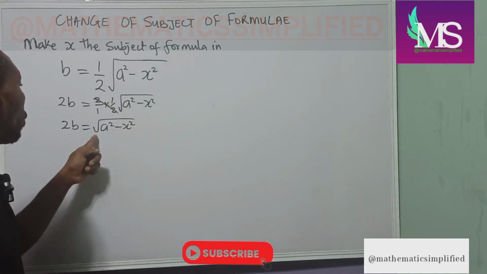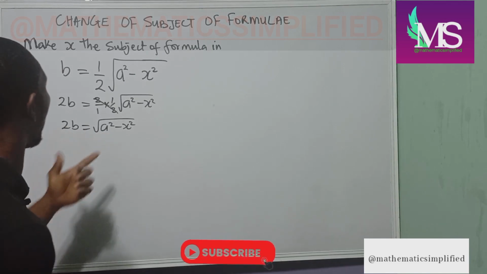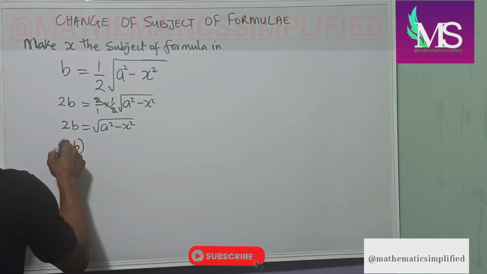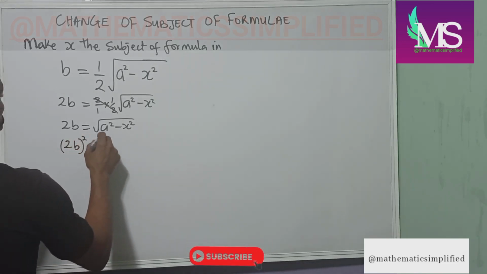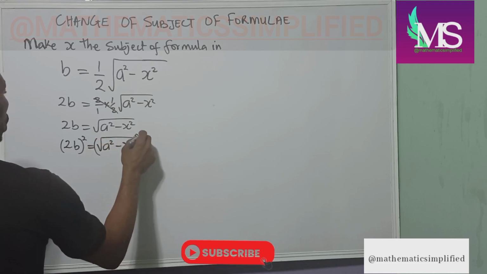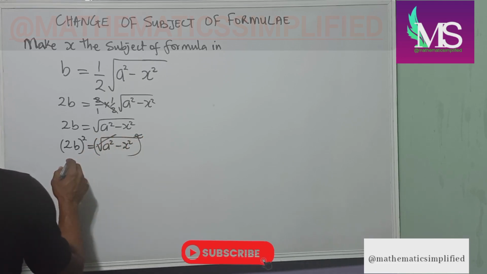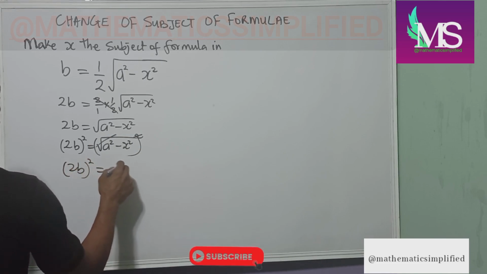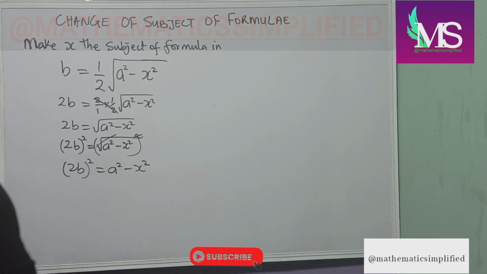The opposite of root is squaring. So we square both sides. Squaring both sides, we have 2b all squared equals root a squared minus x squared all squared. So this cancels this, leaving us with 2b squared equals a squared minus x squared.